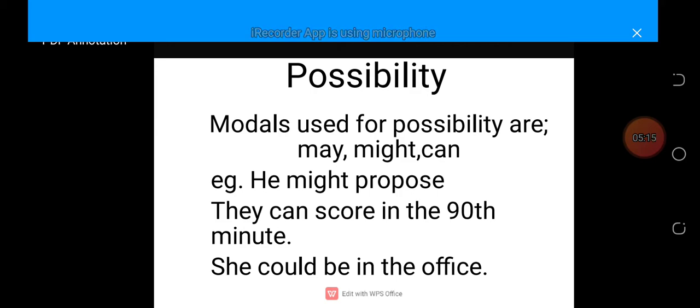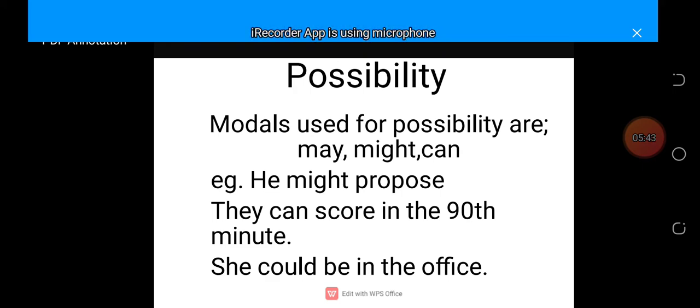We have modals used in expressing possibilities to be may, might, can. Some examples: he might propose. So it's likely he will propose.